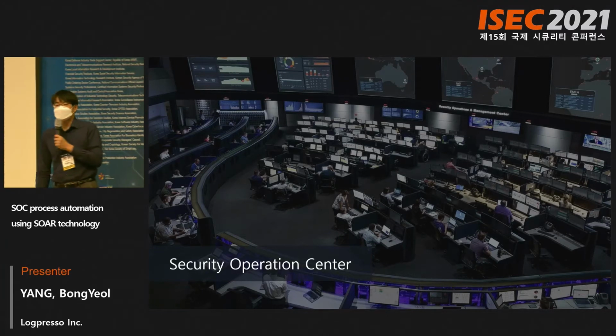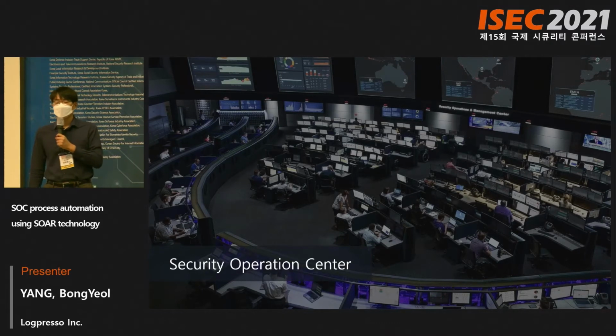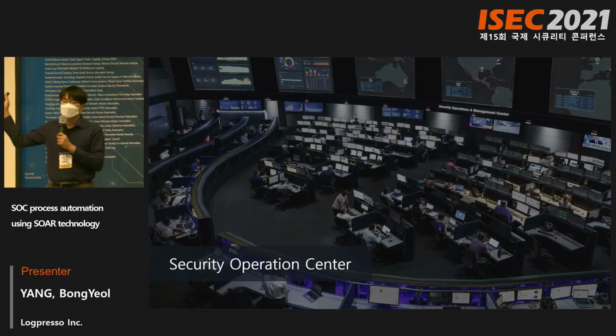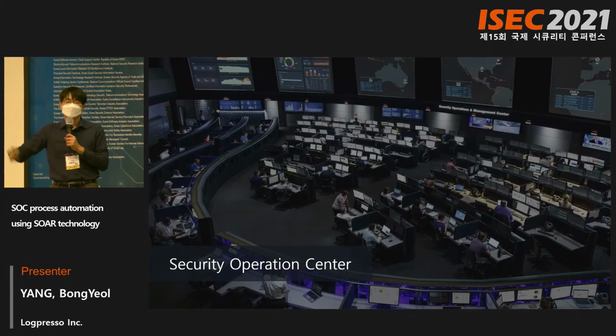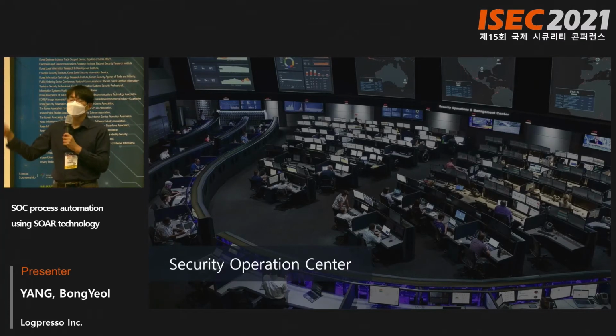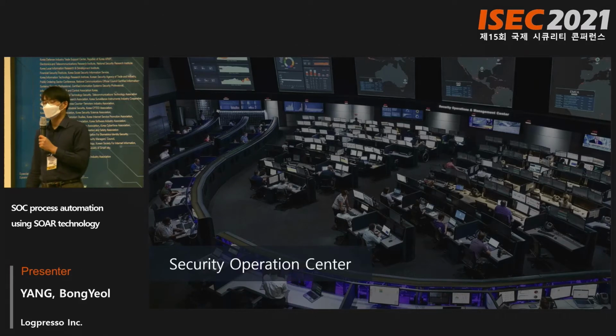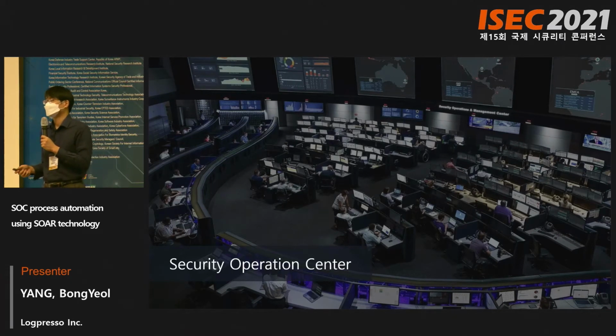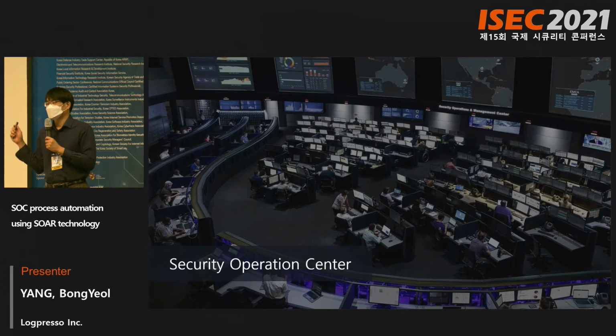On the screen, you can see a cool-looking security operations center. It has large screens all over, and a number of analysts are checking them to catch possible security threats. People also come to security operations centers for field visits.